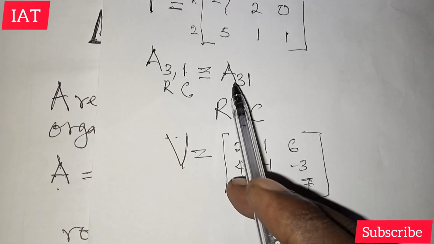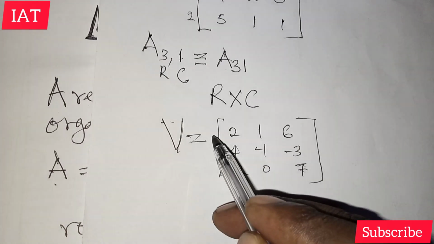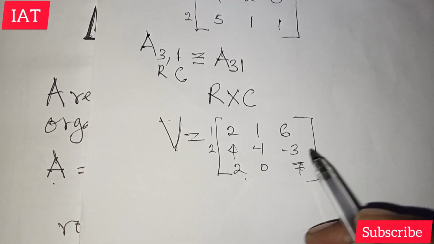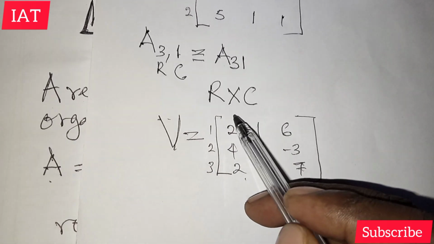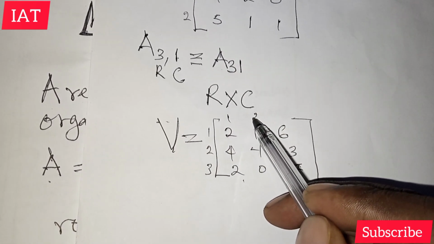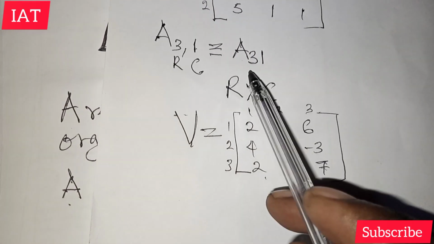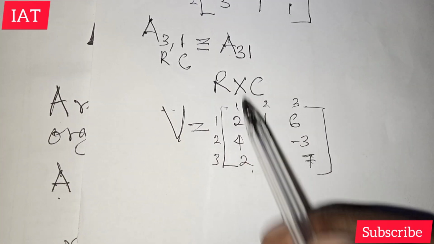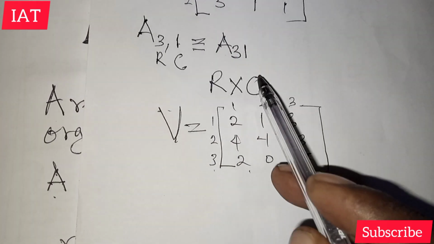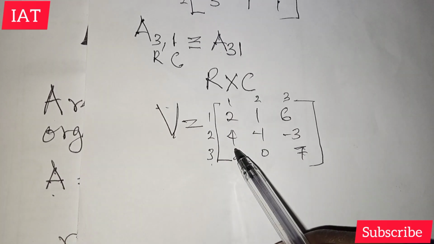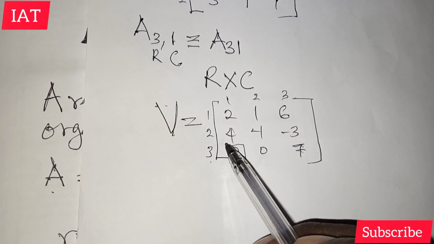This example can work fine with this because we have first row, second row, third row, and then first column, second column, third column. So in this case, you observe that we're having the third row and the first column. So the answer to that is 2.